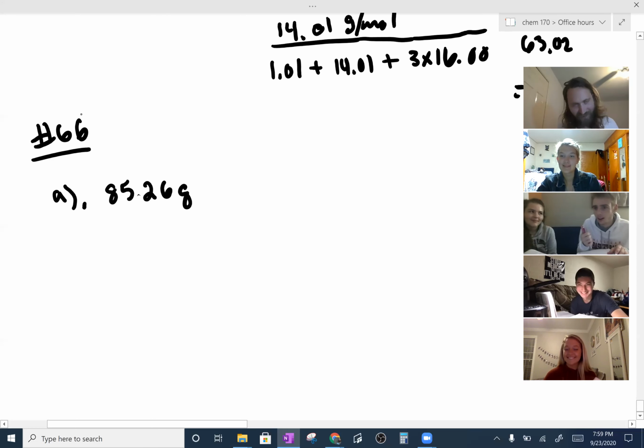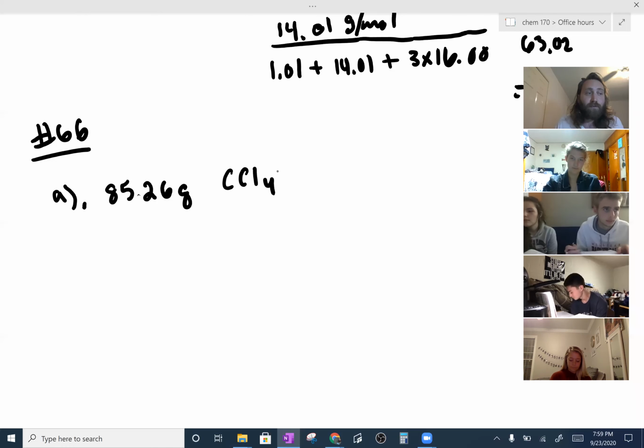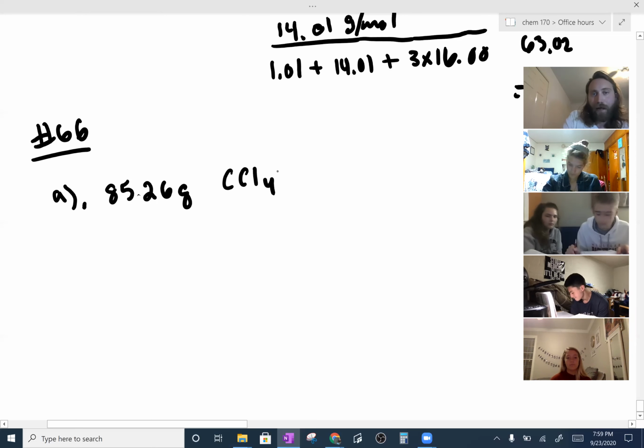Okay. Good. So we're given this sample, 85.26 grams of carbon tetrachloride. And it asks us how many molecules are in this sample. The first thing we need to do here is convert this into the number of moles. The way that we convert into moles is by using the molar mass. So the molar mass of carbon tetrachloride is just going to be the sum of the atomic masses of each of these individual pieces.